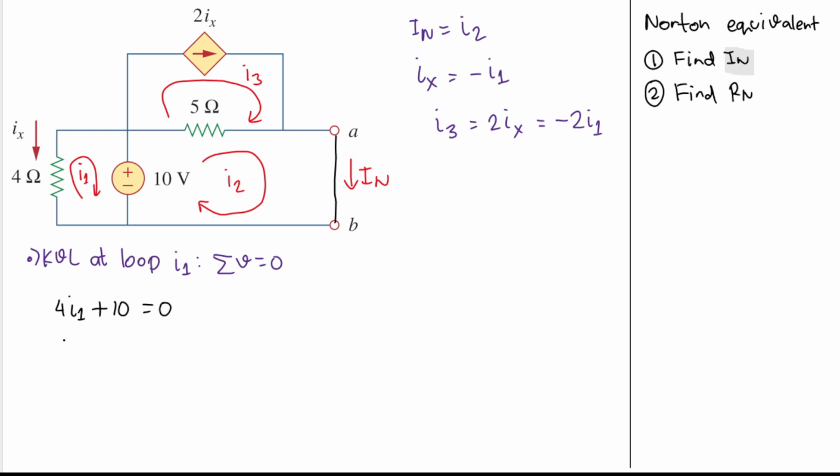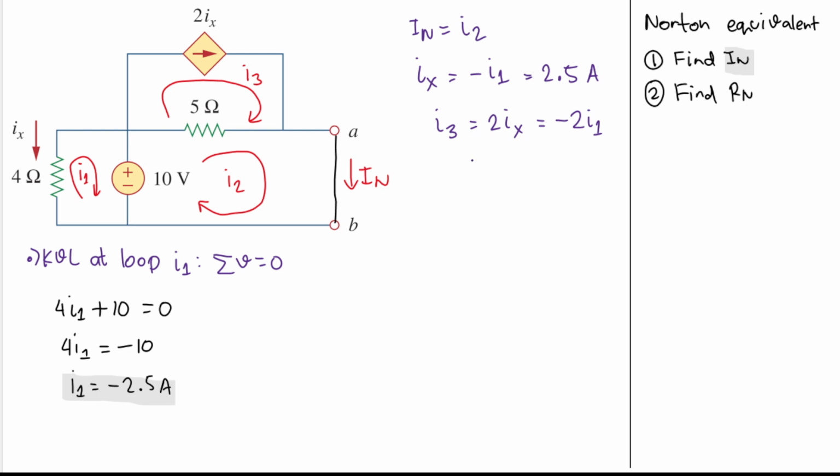Let's solve this for I1. 4I1 is equal to minus 10. Therefore, I1 is equal to minus 2.5 ampere. That is a nice value, because if we know I1, we also know Ix, since Ix is minus I1. Therefore, Ix is 2.5 ampere. Then what is I3?